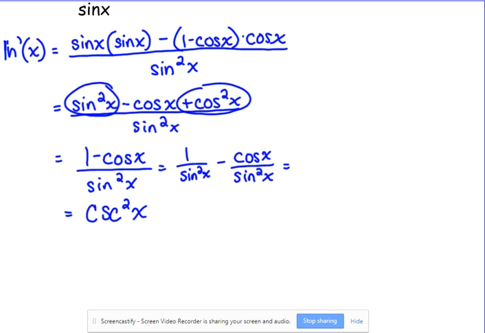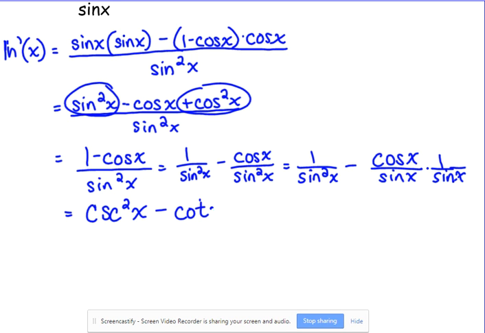Let's go a little bit further with this one right here. Sorry to jump back a line, but that's cosine of x over sine of x times 1 over sine of x. That's one way we can look at it. So cosine over sine is cotangent of x, and 1 over sine is cosecant of x.